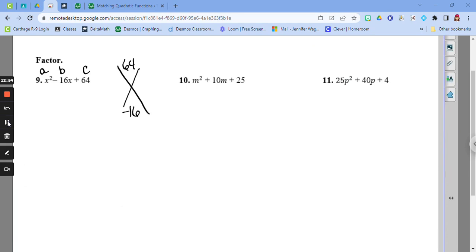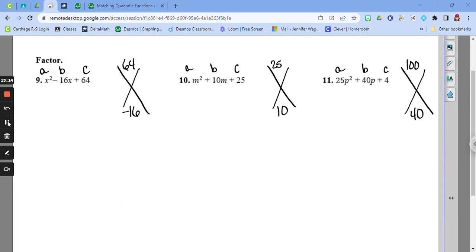B is negative 16. So multiplies to 64, adds to negative 16. So that's going to be a negative 8 times a negative 8. Since our A is 1, I can go directly to x minus 8 and x minus 8.